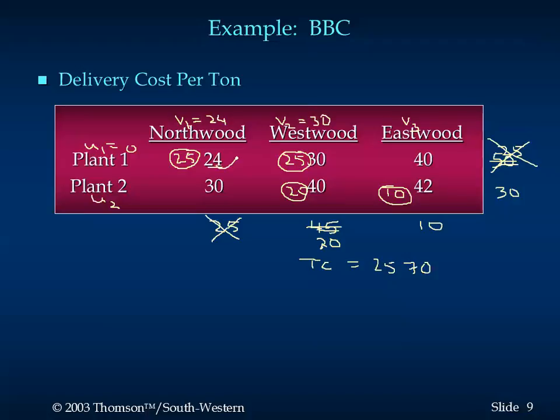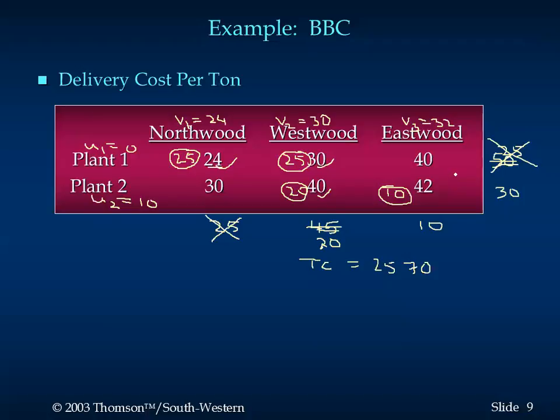These 2 cells are completed. This is not a basic cell, so I can't calculate that yet. Now, in this column, U2 plus V3 has to be equal to 40, so U2 is 40 minus 30, which is 10. So this cell is done. And now V3 has to be 42 minus 10, which is 32.